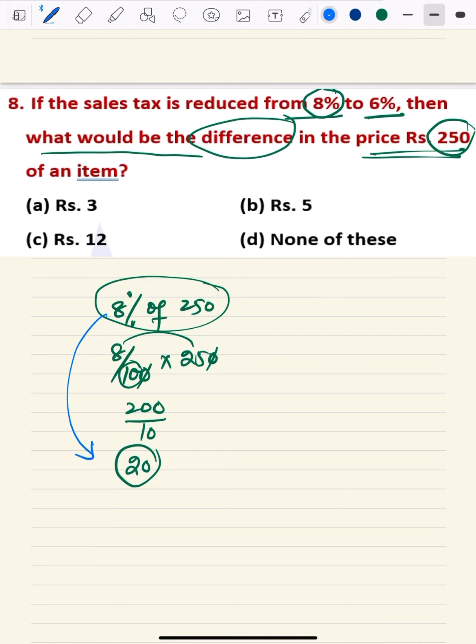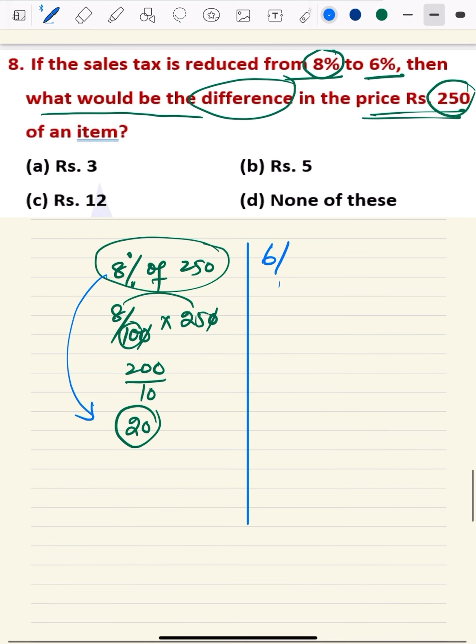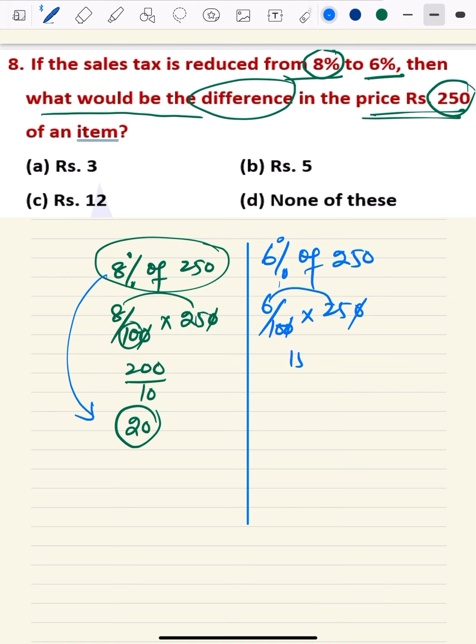Now we will find 6% of 250. So this would be 6 divided by 100 multiplied by 250. The 0 will be cancelled, and 6 25s are 150. This 10 will be divided, so this would be equal to 15. So again we would say that 6% of 250 is 15.